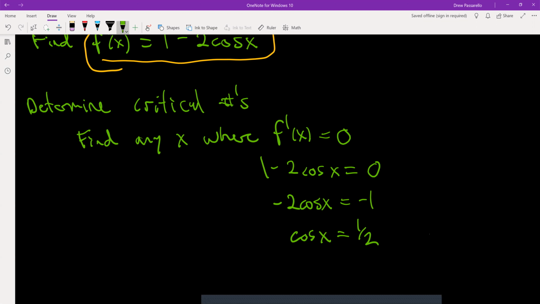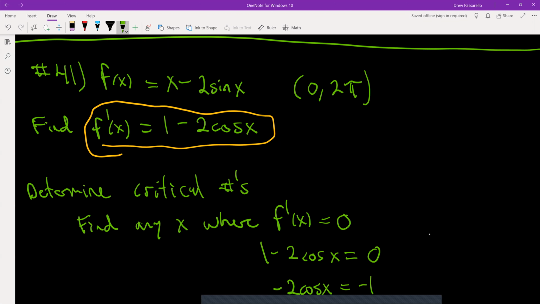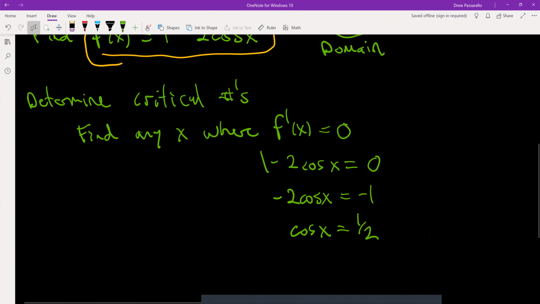Now keep in mind our interval, our domain, is 0 to 2 pi with parentheses. So we're restricted to that. And within our domain, if you look at the unit circle, the values in which cosine is 1/2 occurs when you have pi over 3 and 5 pi over 3.